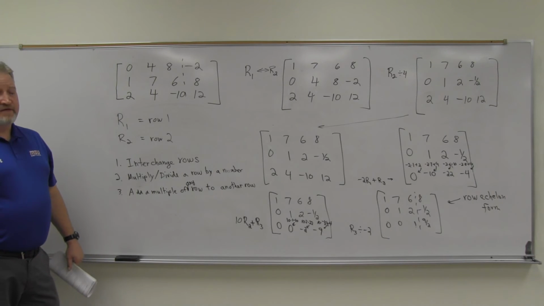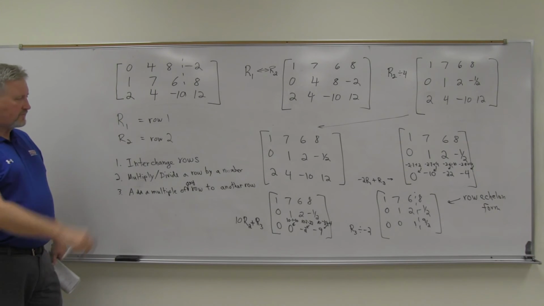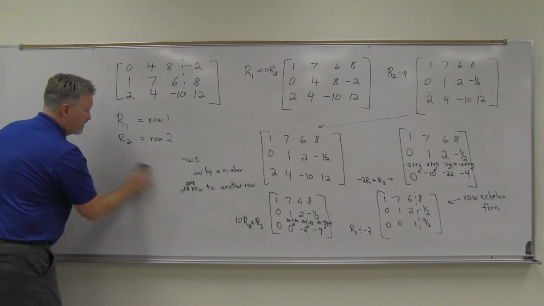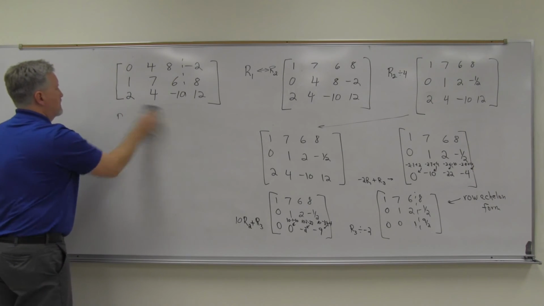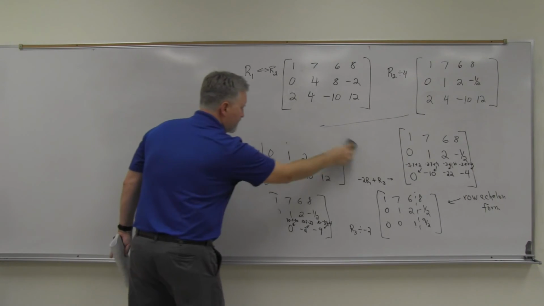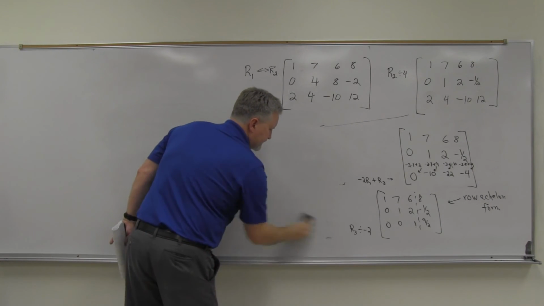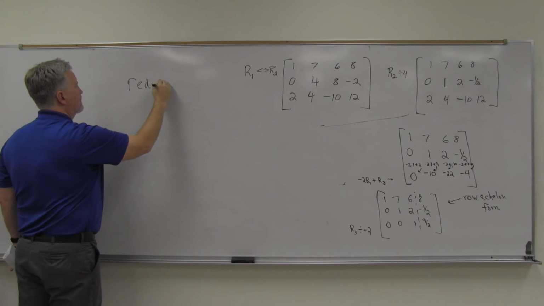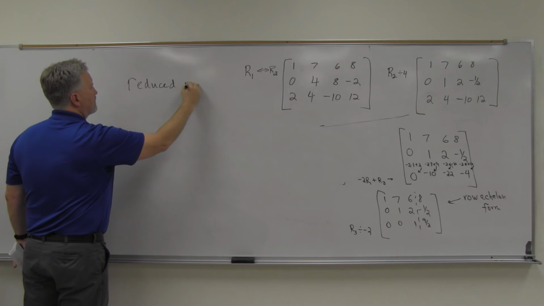One other thing while I'm thinking of it, there's another form that they may sometimes reference, and that is reduced row echelon form.